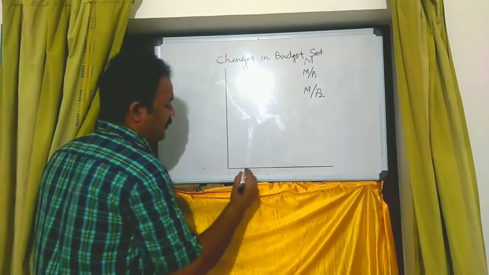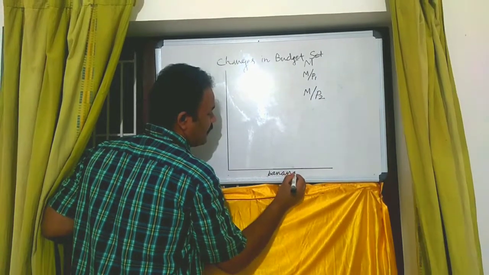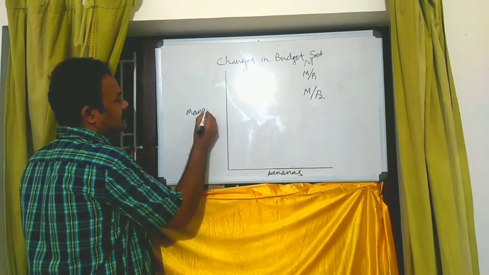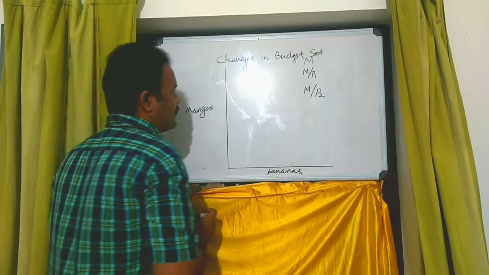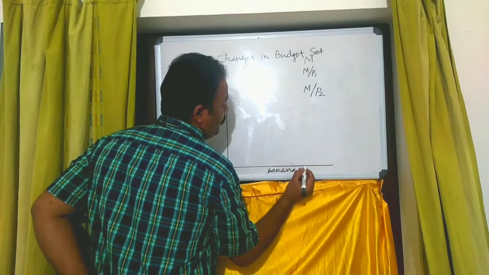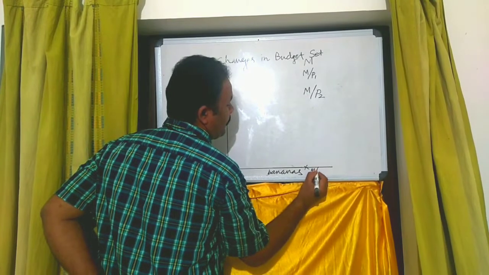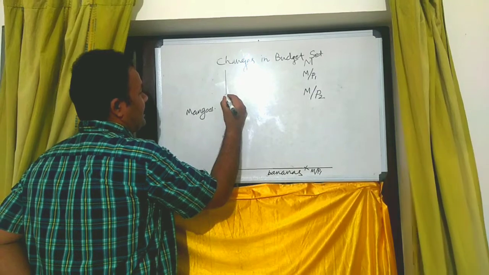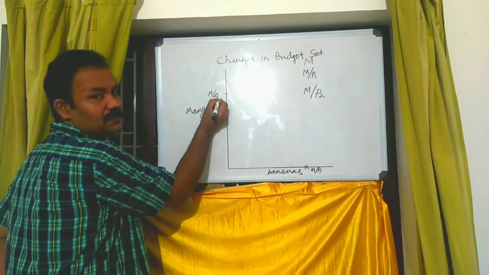Okay, on the x-axis we are representing bananas and on the y-axis we are representing mangoes. First we can plot the horizontal intercept, that is M by P1, and here we can plot the vertical intercept, that is M by P2.